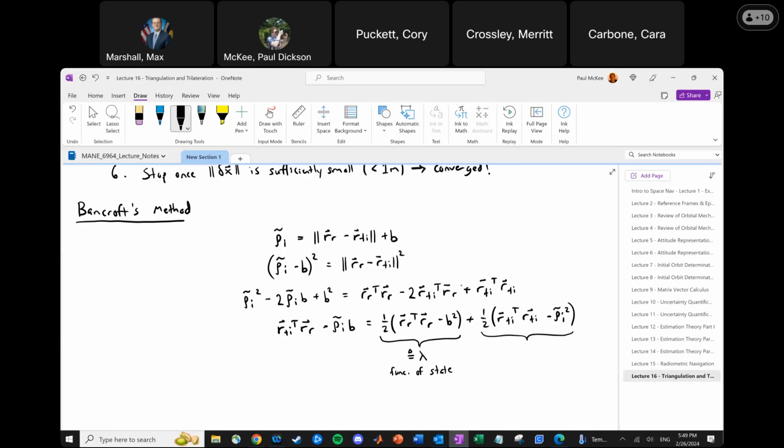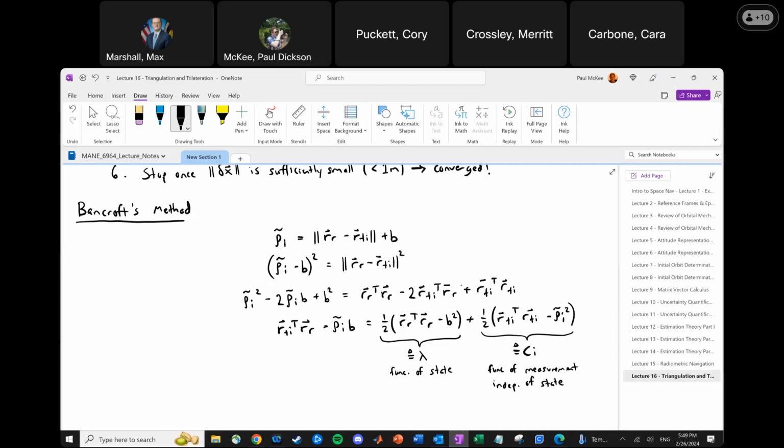So I'm going to call this C sub I, which is a function of the measurement, essentially, or information. We're assuming that we know the position of the spacecraft, but essentially this has nothing to do with state. This is independent of state.